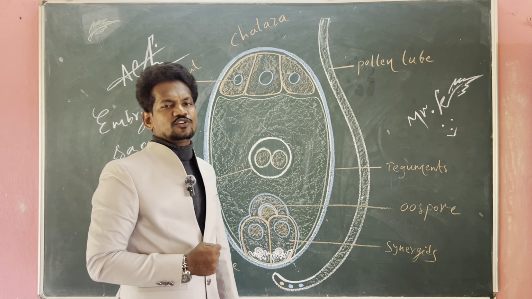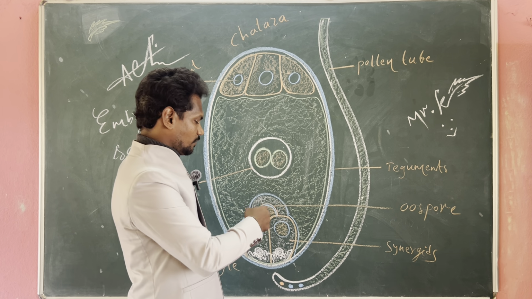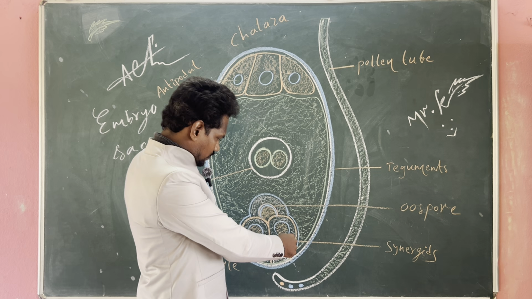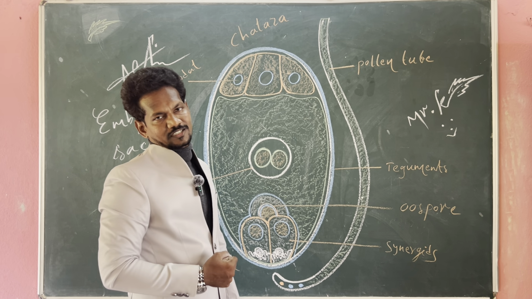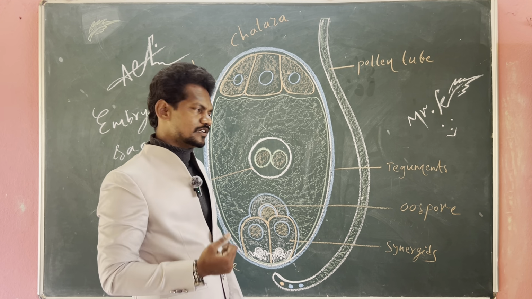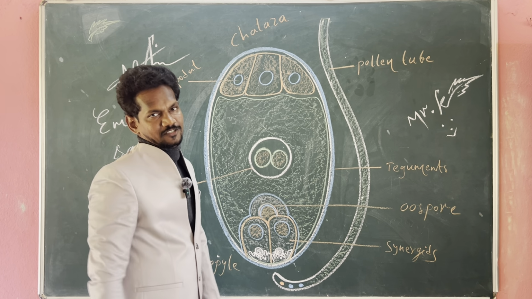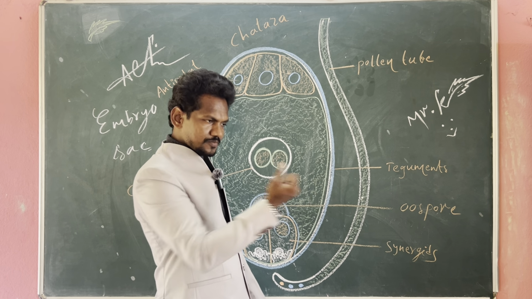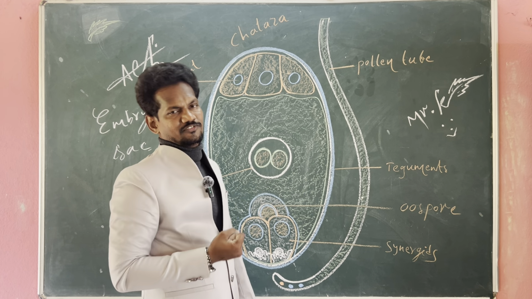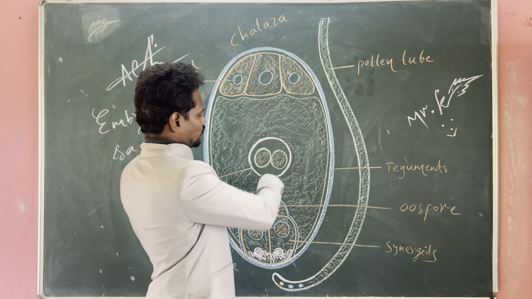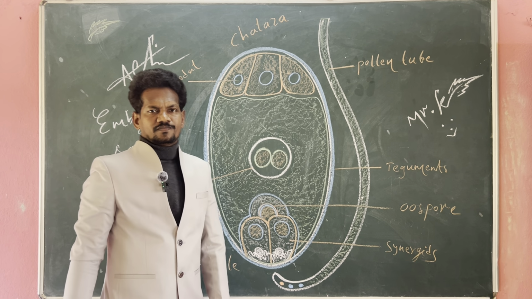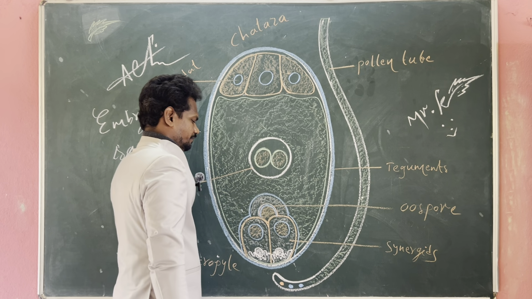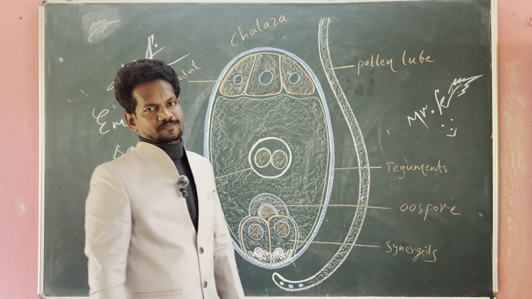They guide the pollen tube to enter into the embryo sac for the fertilization process, and also help in nourishment and collecting food from the surrounding nucellus. This is about an egg apparatus.